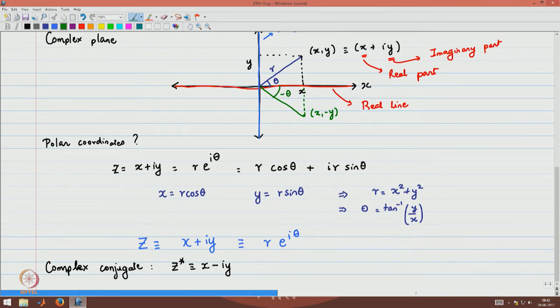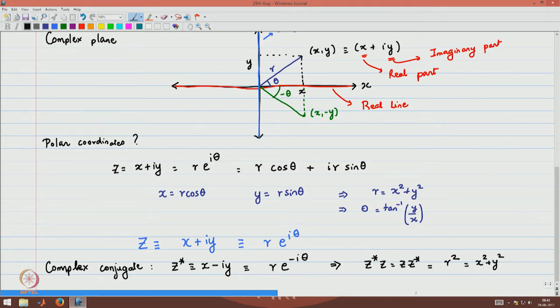The angle is measured always in the counterclockwise direction starting from the x axis. So this is minus theta, which is equivalent to r e to the minus i theta, and what you can see is that z star z is equal to r square is equal to x square plus y square.